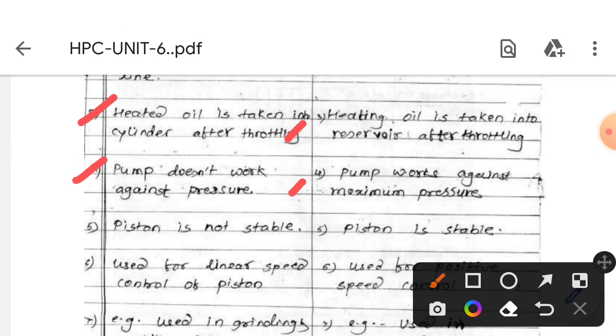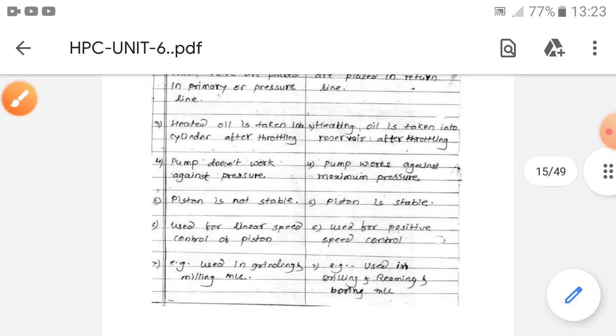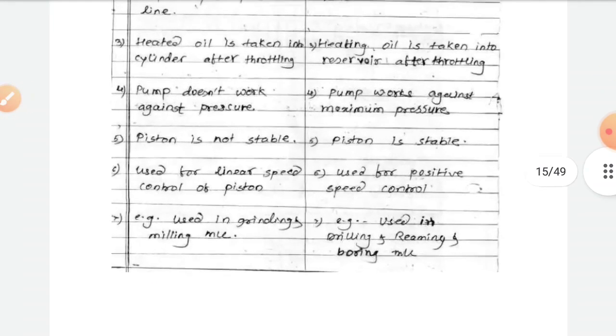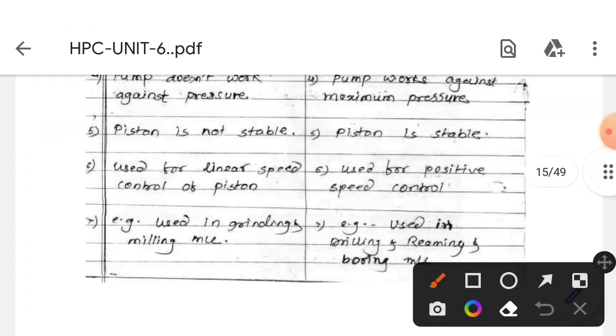In a meter in circuit, the piston is not stable. In a meter out circuit, the piston is stable. Next difference: the meter in circuit is used for linear speed control of a piston, and the meter out circuit is used for positive speed control.